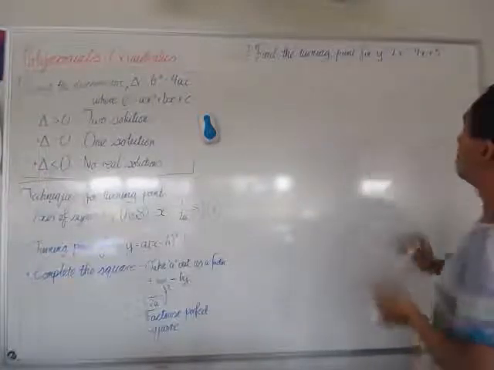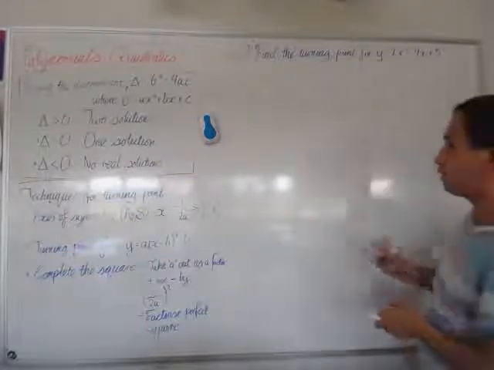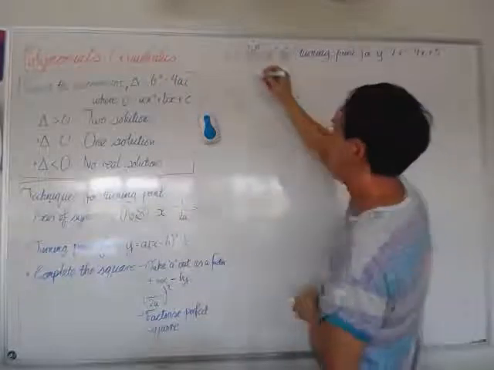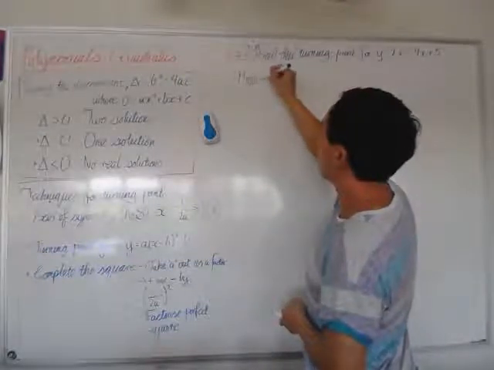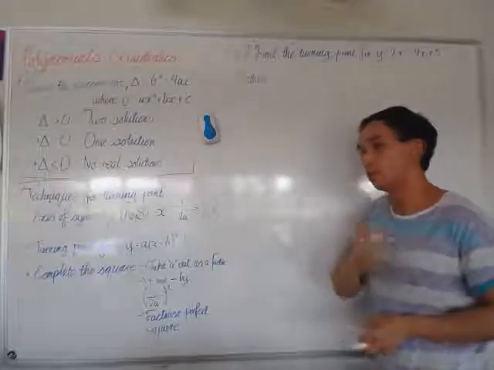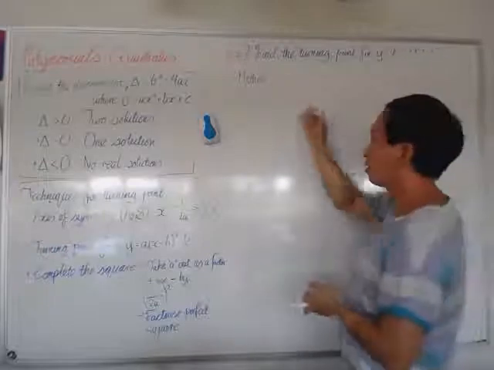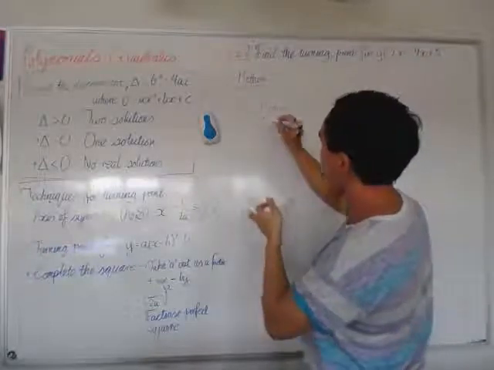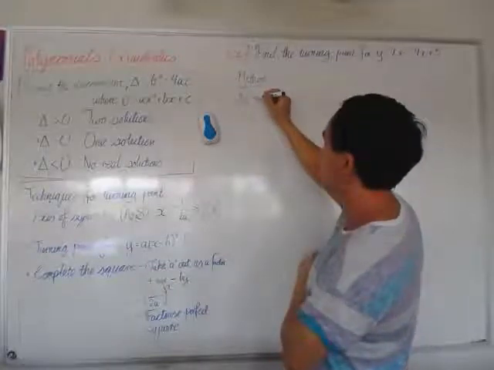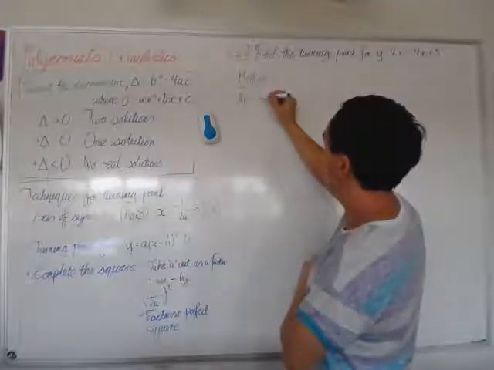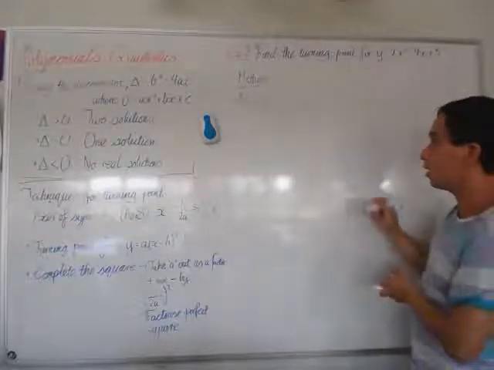Okay, so find the turning point for y equals 2x squared minus 4x plus 5. Method 1, we're going to use the axis of symmetry. If it's in standard form, using the axis of symmetry becomes very simple because it's really just plugging into an equation. So AOS, axis of symmetry: our x value is going to equal negative b on 2a.